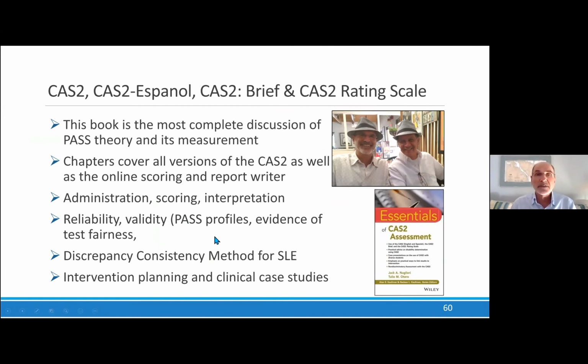CAS2 Espanol, as I mentioned, you can get a lot more information on all these tools and how to use them, and chapters on administration, scoring, all the details, in the book that Tulio and I wrote, Essentials of CAS2 Assessment. So I encourage you to take a look at that.